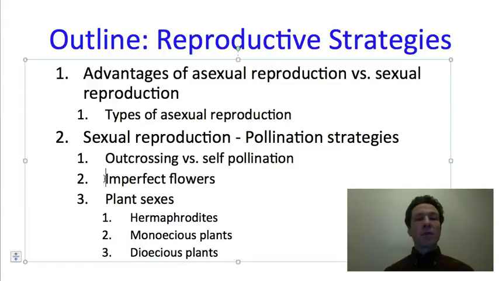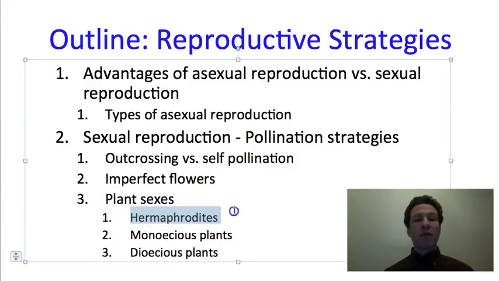So flowers can be perfect and have both stamens and pistils, or they can be imperfect and lack either stamens or pistils. Then we'll talk about 3 different plant sexes. This is more complicated than in humans and other mammals.